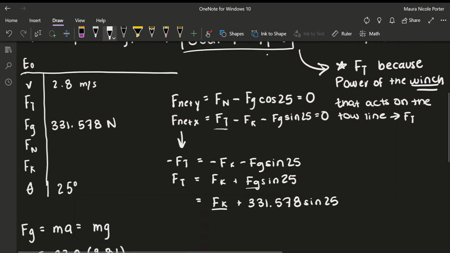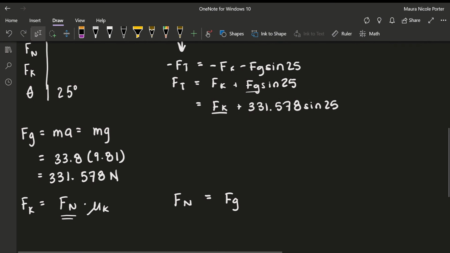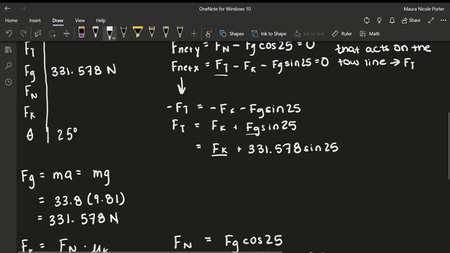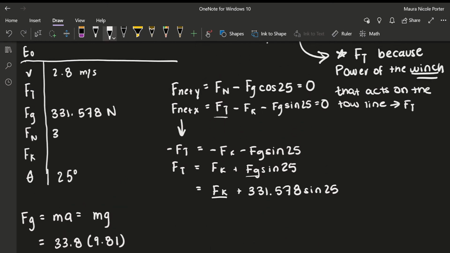The x component works opposite of tension. So we're going to do f of g cosine of 25, which is going to be 331.578, which we just calculated, cosine 25, and that gives us 300.511 newtons. Again, I'm going to put that in the chart, 300.511.